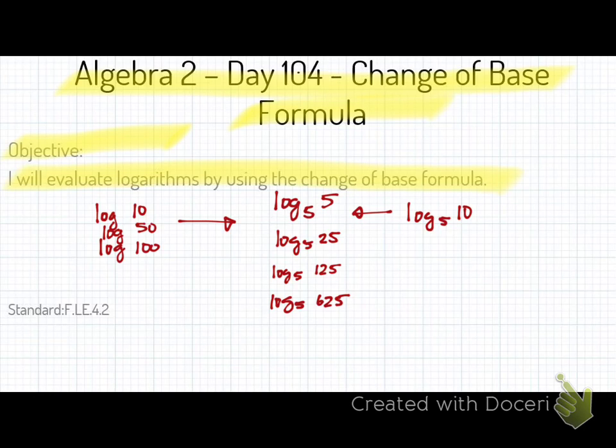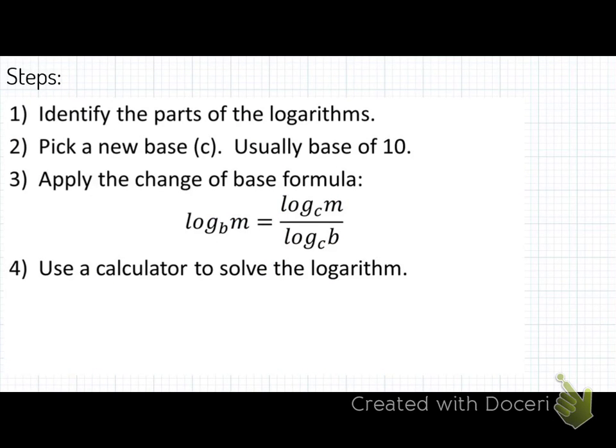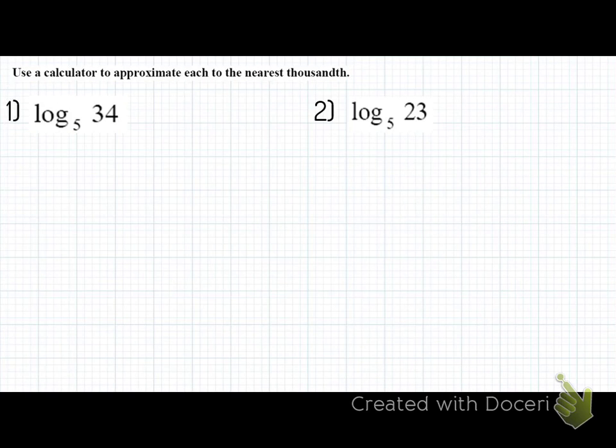So, here are the steps for today. If you're on the video, you should pause it here and write them down. Alright, so here we go. Log base 5 of 34. Eyes up here, I'll show you how to do this. I know that I don't have a log base 5 button on my calculator, but I could predict it.